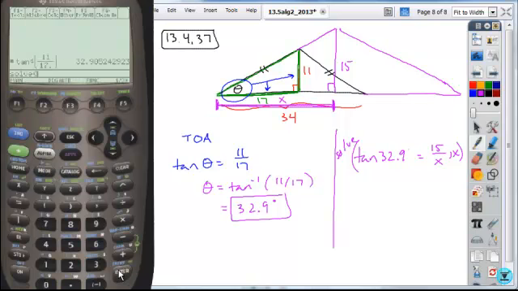So F2, algebra tab, solve, type in, here we know what our angle is, so we take the tangent of that angle. Okay. Now, we'll set that equal to 15 over x, and we solve for x, and we hit enter, we get our solution of 23.18.